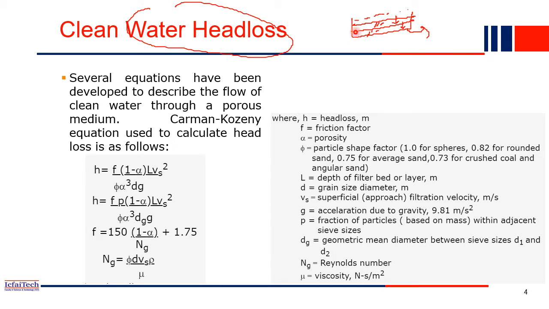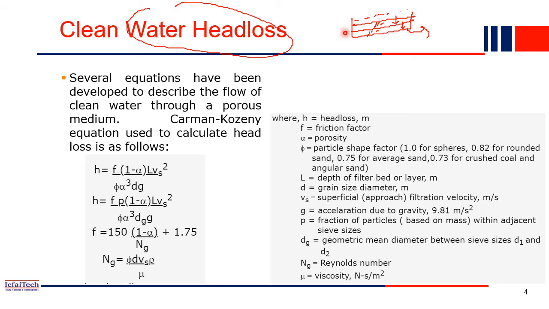But as the water keeps passing, the pollutants present in the water will simply fill those pores present in the sand bed. When the pores are filled up with solid particles, very little water will percolate through the filter medium, so the head loss will be very high.